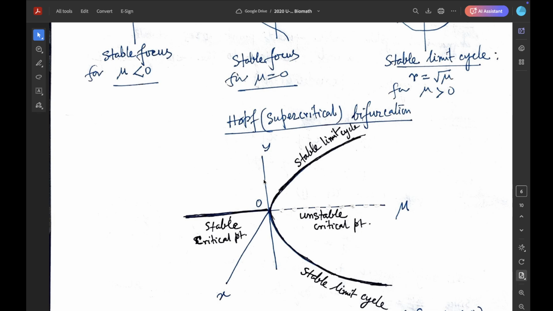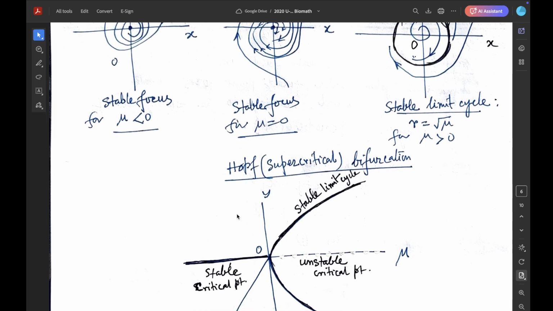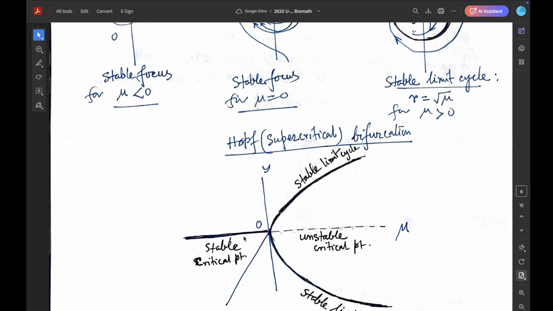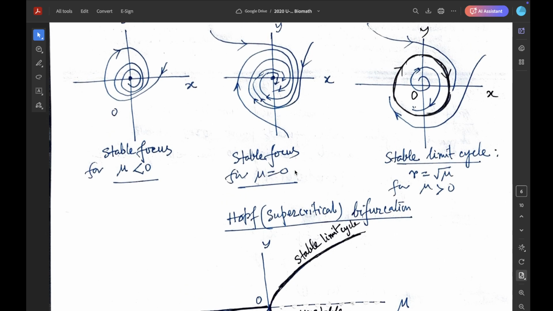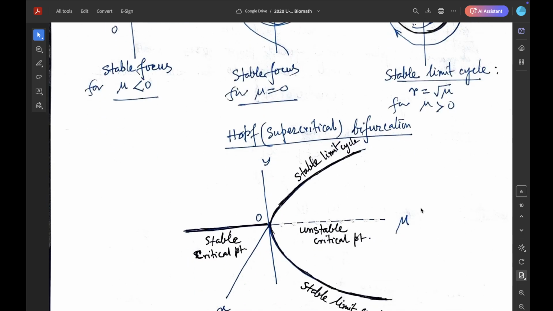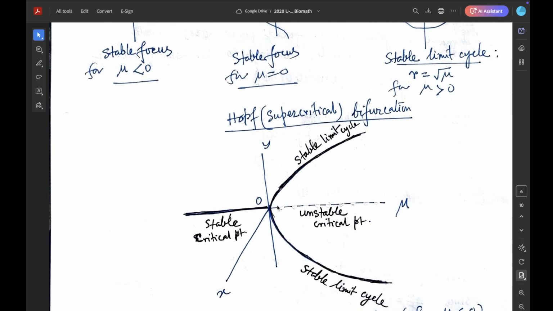Actually, the three-dimensional diagram for this: when mu is less than 0, we get a stable critical point, this origin critical point. And when mu is greater than 0, this origin critical point is unstable. So this is the unstable critical point, the origin is unstable.